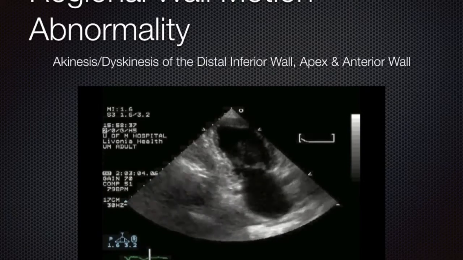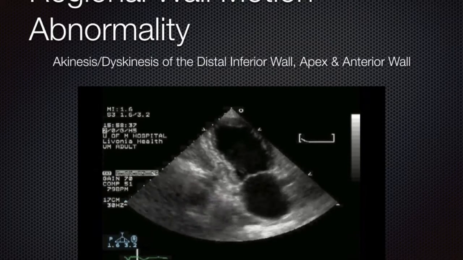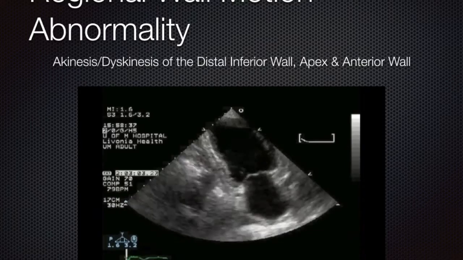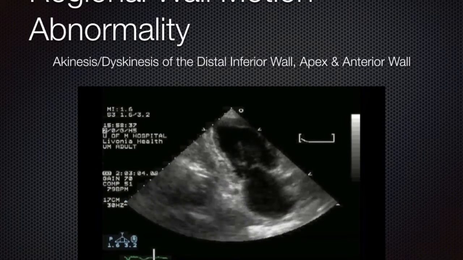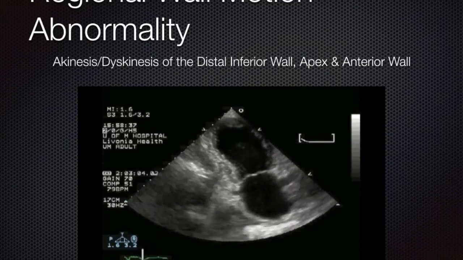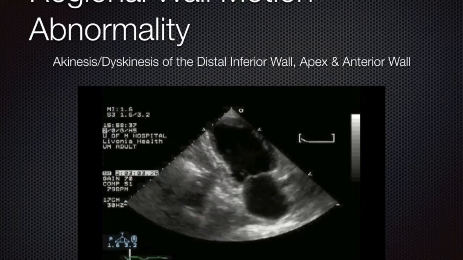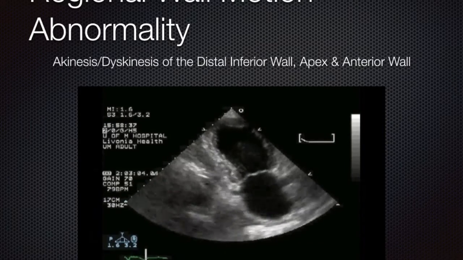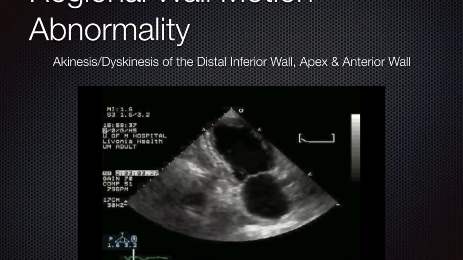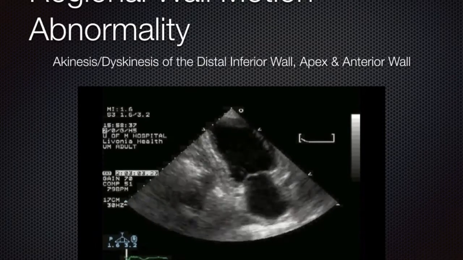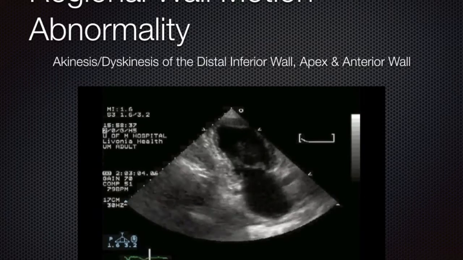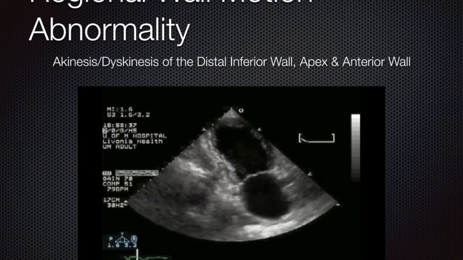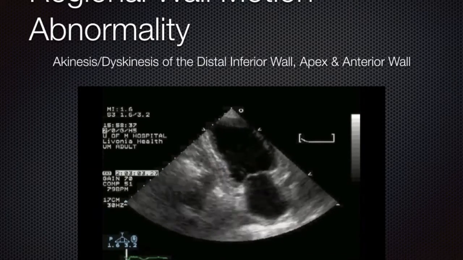So looking at this one, there is poor effort to part of the inferior wall in this apical 2-chamber view. So the proximal and distal parts, now the apex, are fine, but there's a middle section where there is poor movement or poor thickening and movement of the inferior wall.